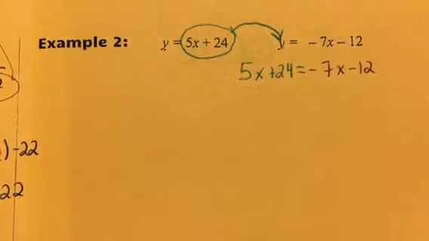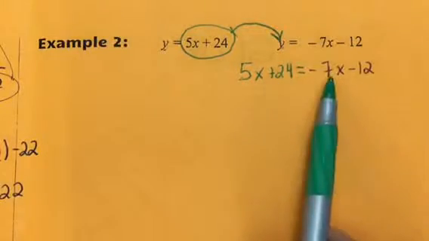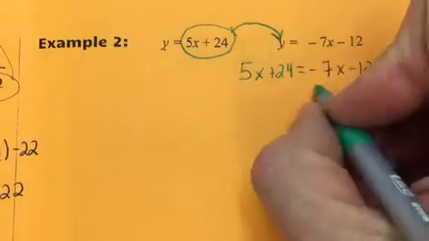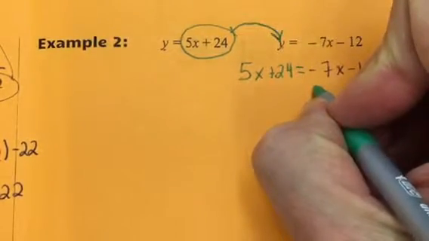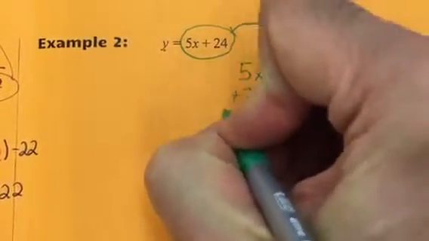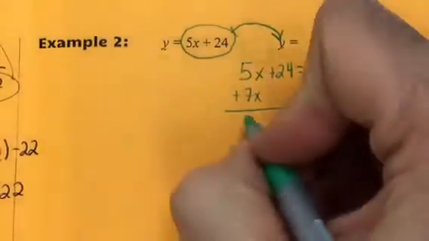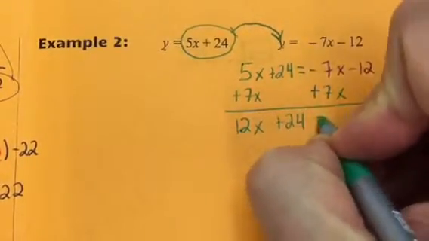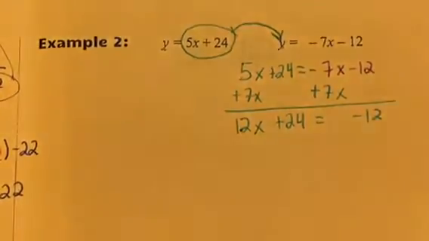All right. I have x's on both sides. I want to keep the more positive x, so I'm going to get rid of the smaller x by adding 7x, adding 7x. That's 12x plus 24 equals negative 12.